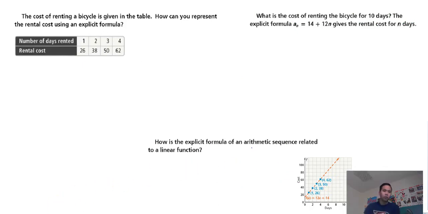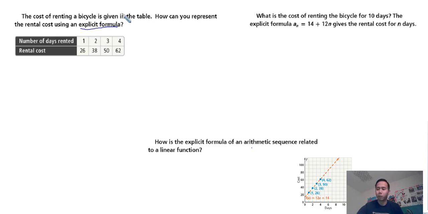So we are going to solve a word problem using a recursive function. In this word problem, the cost of renting a bicycle is given in the table. How can you represent the rental cost using an explicit formula? The explicit formula expresses the nth term of the sequence in terms of n.